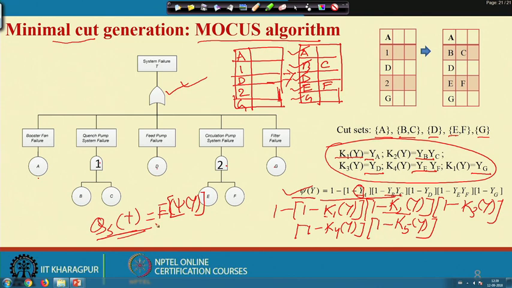The only thing you have to see is that 1 minus y A, 1 minus y B y C, 1 minus y D, 1 minus y E y F, all those things must be independent of each other. If those are not independent, meaning some indicator variable appears more than once, then you have to dig down fully to the last level, so that you can avoid the error that you have seen in the last lecture.